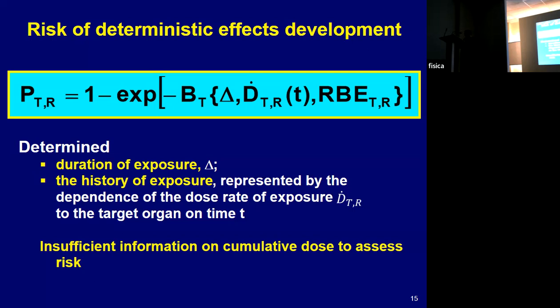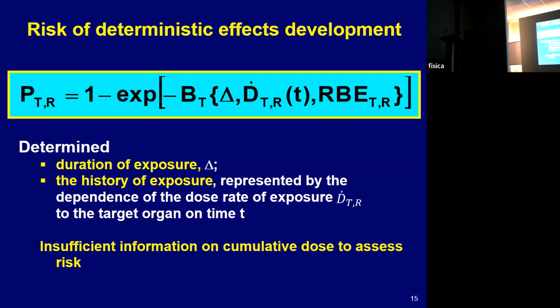Repair systems start working. To assess the risk of developing deterministic effects, there is not enough information on the accumulated dose. If the duration of exposure exceeds several hours, then in order to correctly assess the risk, it is necessary to know the dosimetric history of the exposure, which describes the change in the dose rate over time, as shown in the next slide.